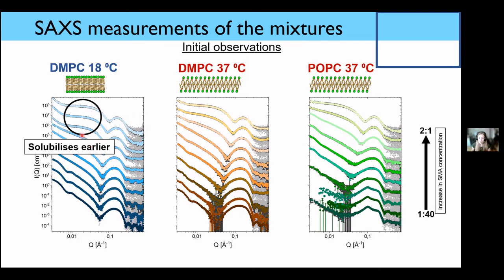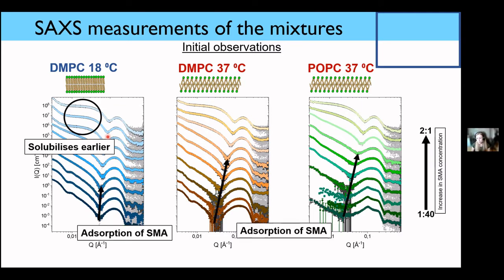So this is very indicative of DMPC solubilizing at lower concentrations when it is at 18 degrees compared to 37. This is something we can see just qualitatively from the data.